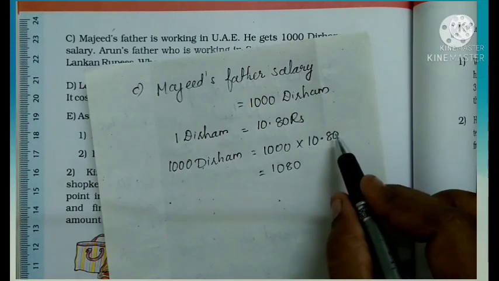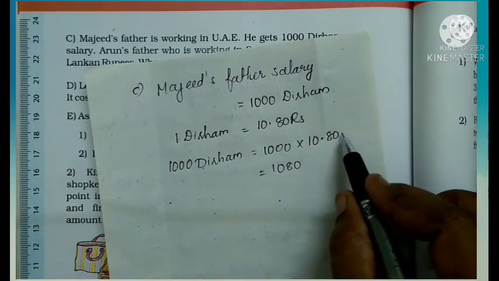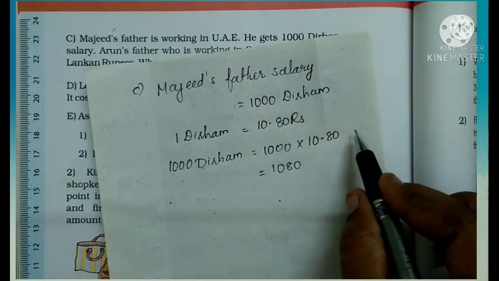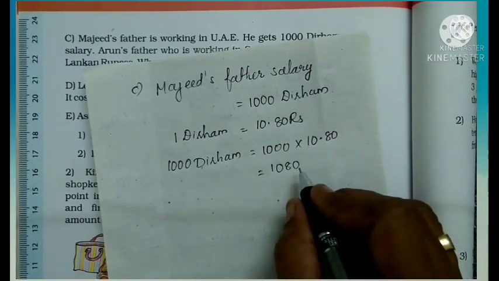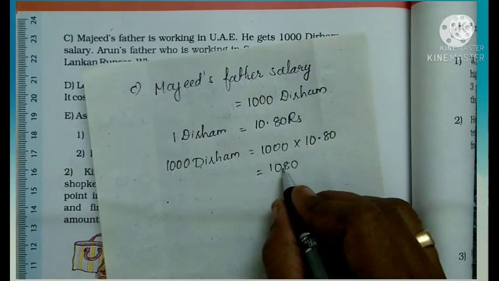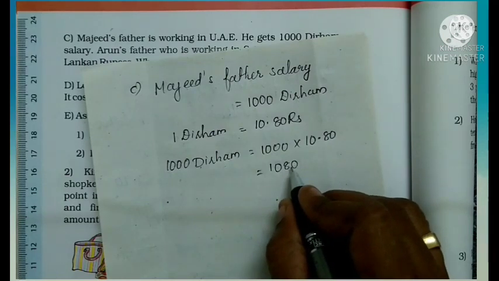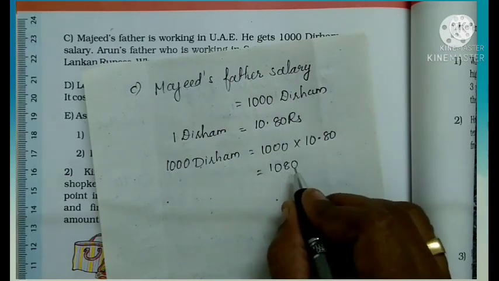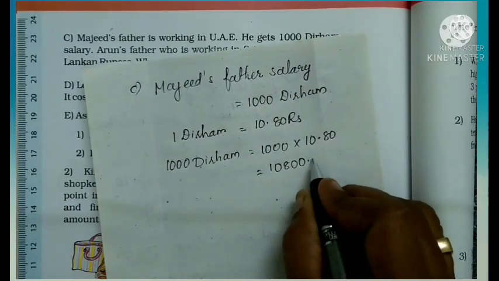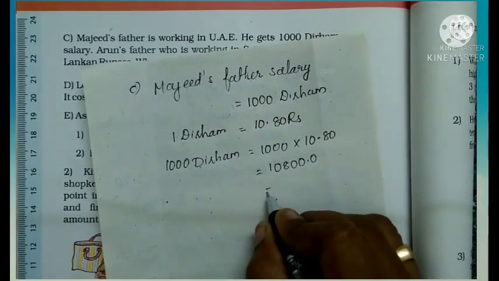So what do we have to do? Again put a 0 and then after that put the decimal point. Understand? So the point is placed here. After 3 places we put the decimal point: 1, 2, 3. Then put the decimal point. So what is the amount?